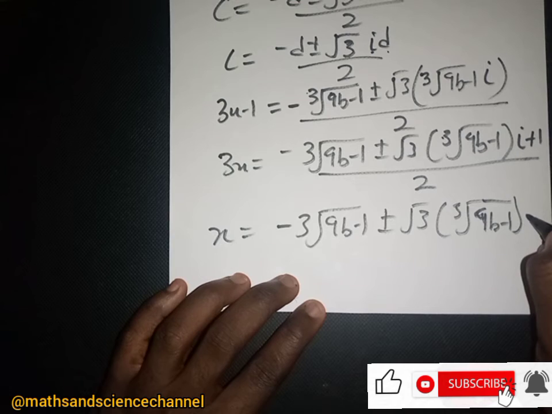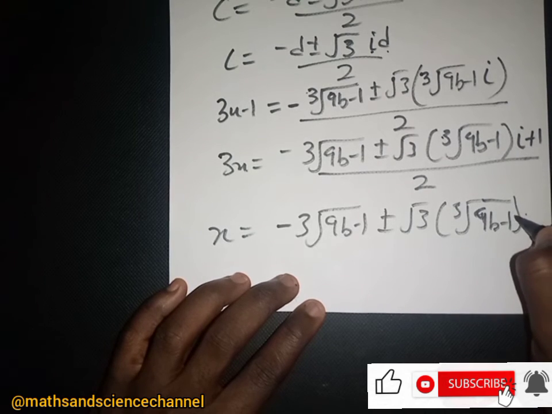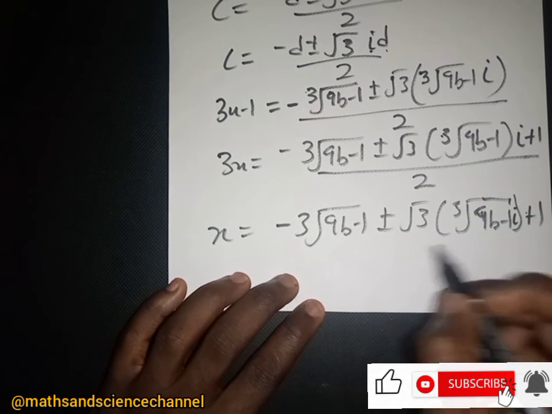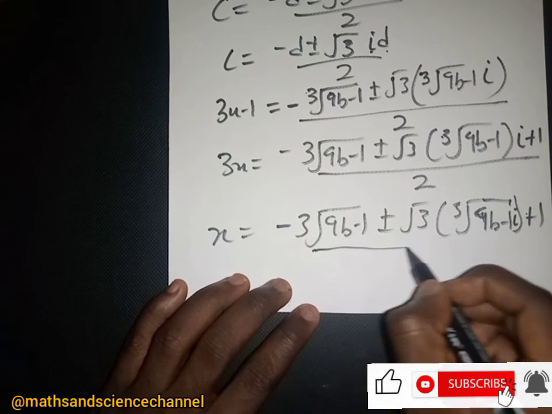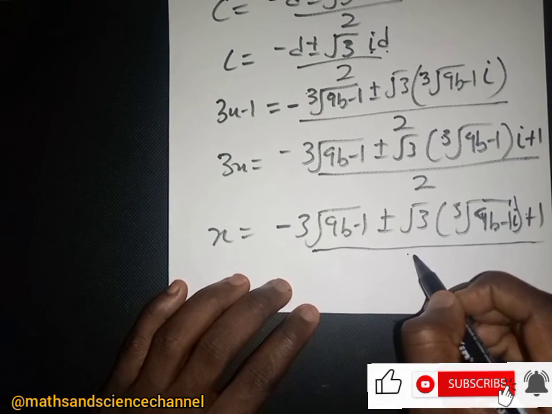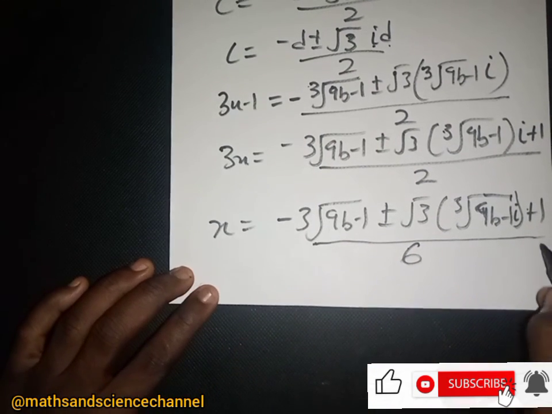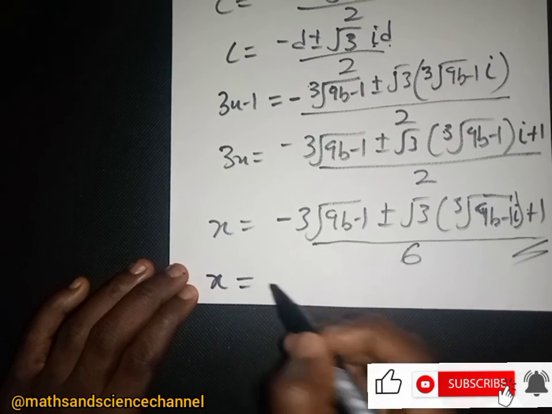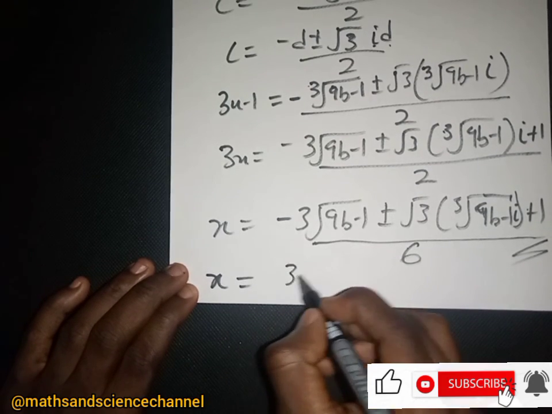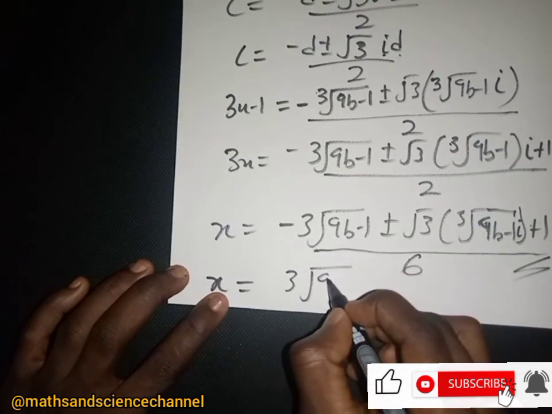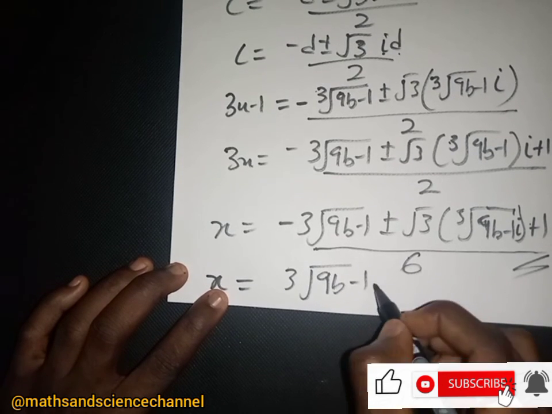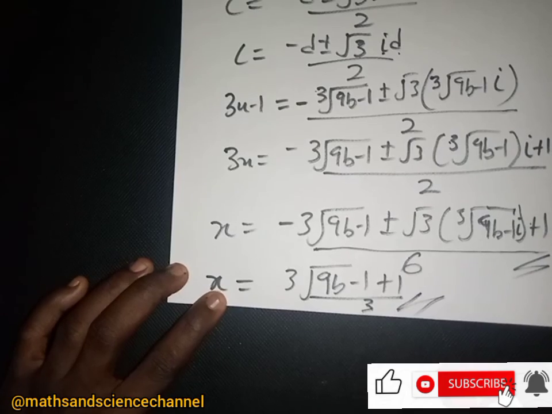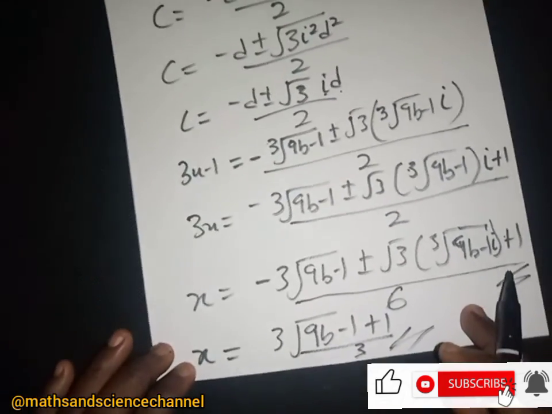Then we have i, so we can have i here plus 1, but i is out of the square root, so being divided by just 6, right? So this will be the third equation, and the first and second equation was the same, which is just cube root of 9b minus 1 here plus 1 here being divided by 3. So this will be the possible values of x.